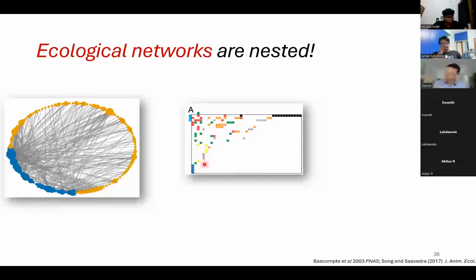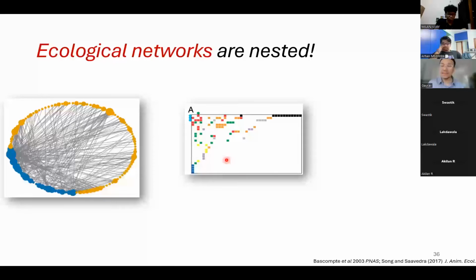specialists. So ecologists, both theoreticians and empirical ecologists, have debated why we observe such a nested structure in nature. Some say it's because of seasonality in nature, or some say it's because it helps maintain biodiversity.